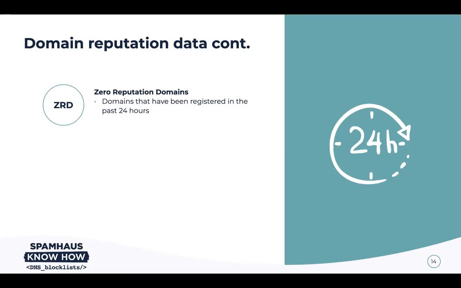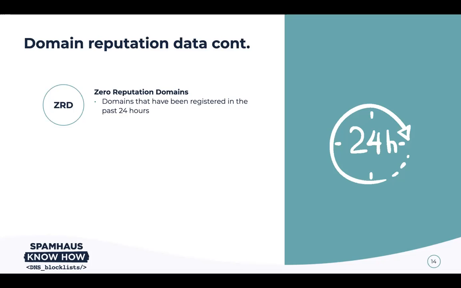So anything that's new is almost automatically suspicious, especially if it's being used in a certain way. This data set, the zero reputation domains, is a tool that allows you to leverage that. Say, okay, here's a set of domain names that we have observed for the very first time in the last 24 hours.